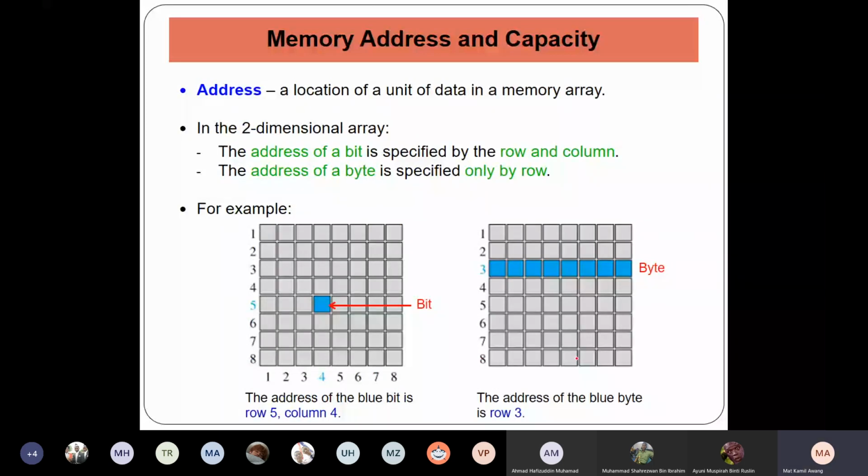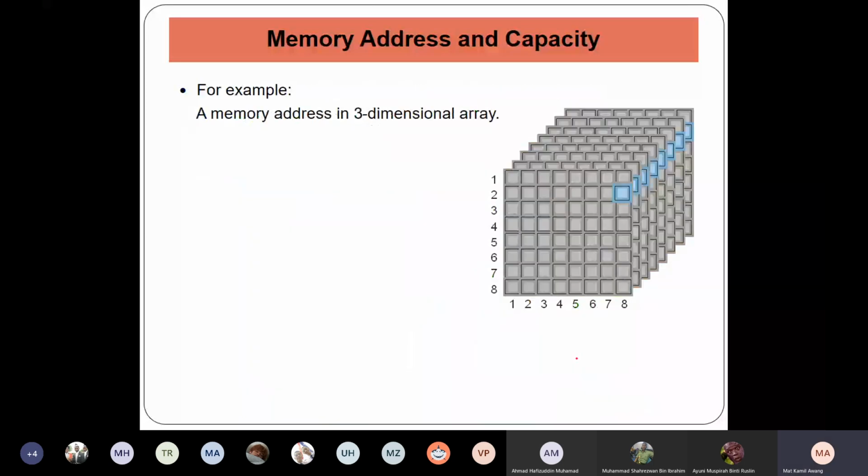You only give the address for a byte with a row number, right? But in a 3-dimensional array, you give the address with row and column, because the depth of 8 bits is the data in the 3-dimensional array. Okay.